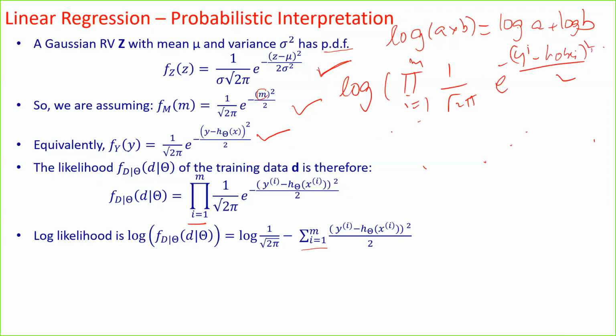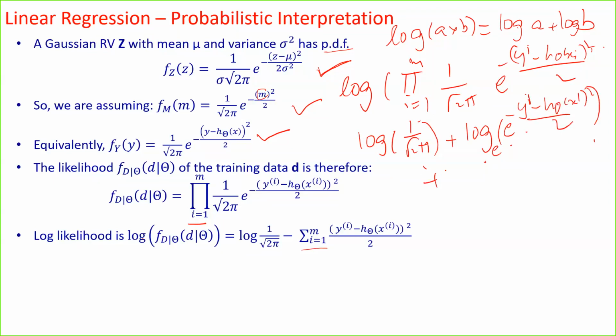When you expand this, you will get log of 1 by square root 2 pi plus log of base e to the power minus y1 minus h theta of x1 whole square by 2 plus log e to the power minus y2 minus h theta of x2 whole square divided by 2, and so on, till m.